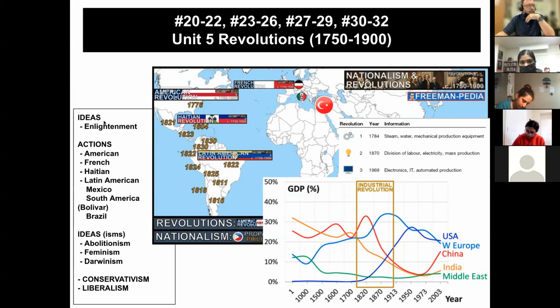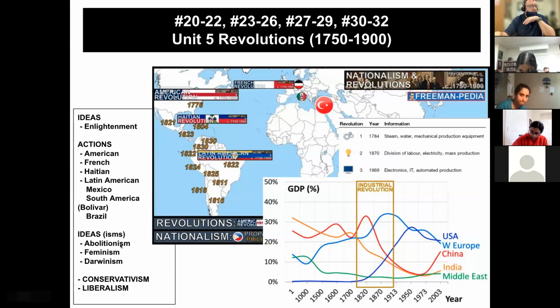And the idea flow that I have on the left is the ideas of the European philosophical enlightenment, bringing up ideas of liberty, rights, balance of power. They will influence all these revolutions that try to put those ideas into constitutional governments.